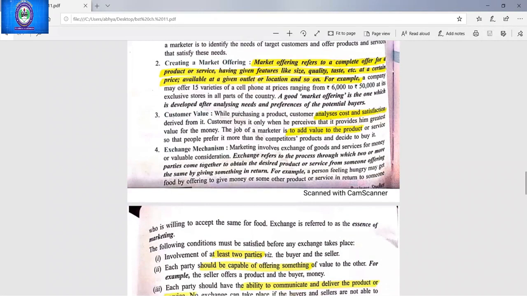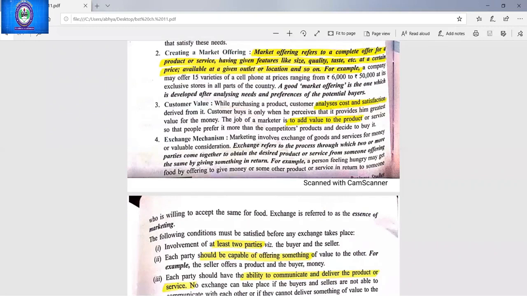Fourth point is exchange mechanism. Fourth, or we can say fifth, because I have told you one more feature, that is the social process. So this is the fifth point, exchange mechanism. Marketing always involves exchange of goods and services. Exchange, you all know, means buying and selling for some value or money.